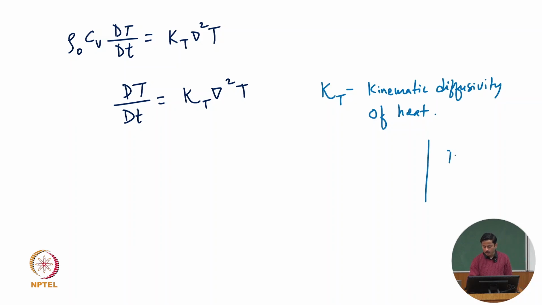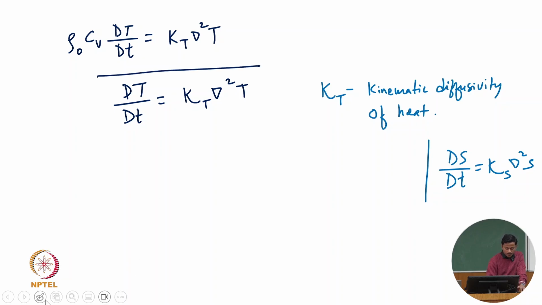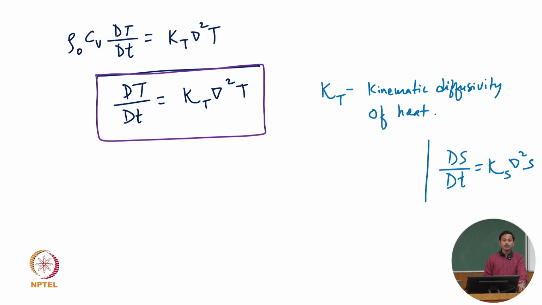If you recall, we had the salinity diffusion equation as kappa S del square S. So the energy equation has reduced to the same form as the diffusion equation for salt that we had derived. This is within the Boussinesq approximation.